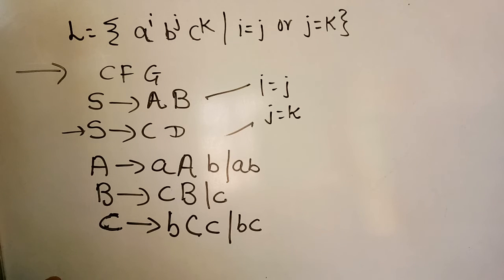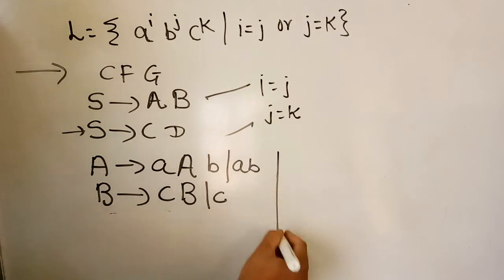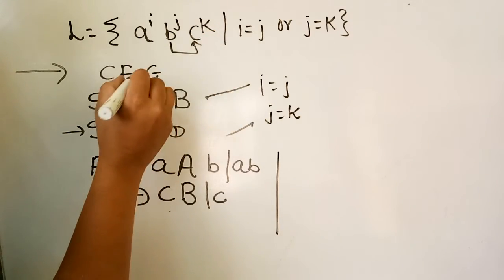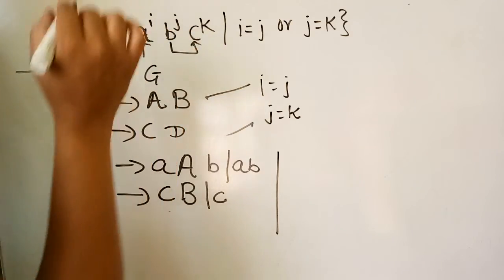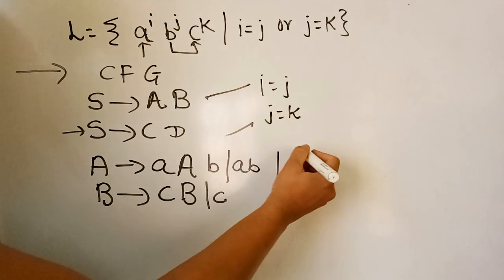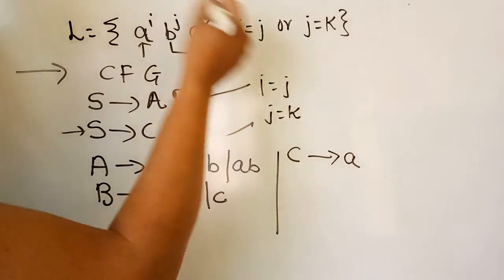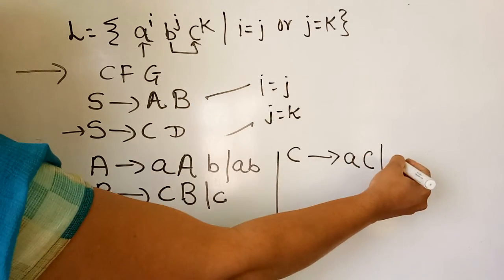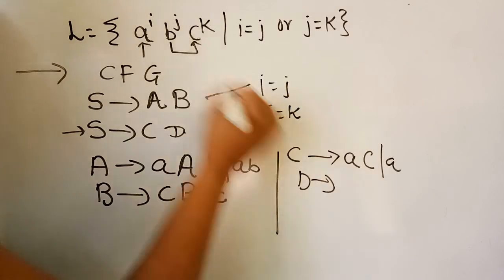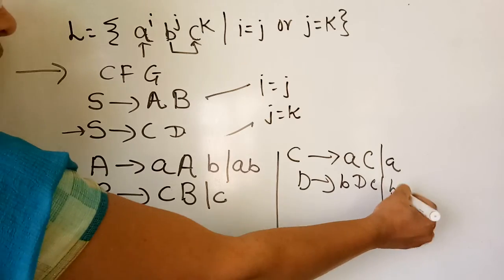But one slight change for this case is that here B's and C's are equal, meaning an equal number of B's and C's are followed by A. So for such a case we will write C gives A's are followed with again C. So it is AC or A, and for D we will write that it is a combination of B and C. So it is BDC or BC.